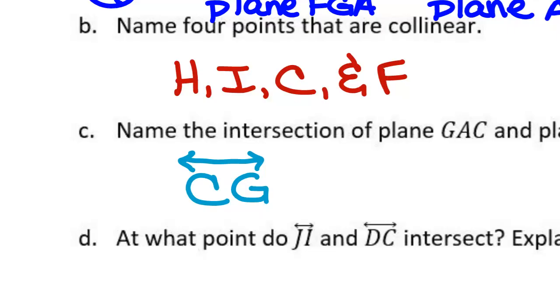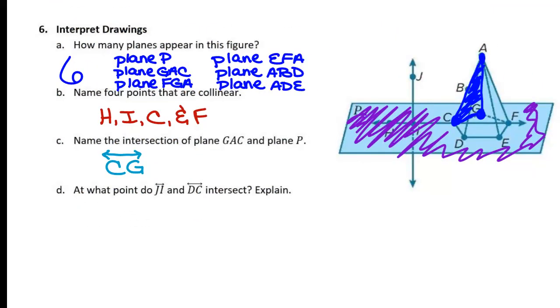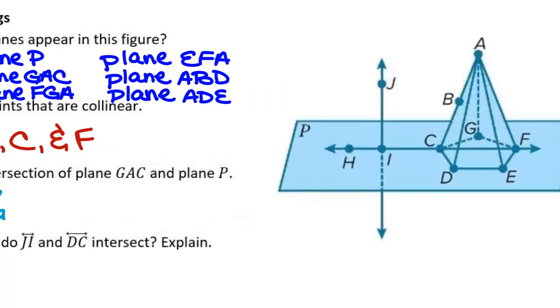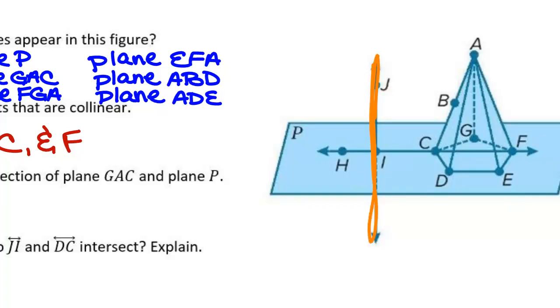Wonderful. And then D. At what point do line JI and DC intersect? So let's go find those. JI is this line right here. And DC is this right here. So this one might be a little bit easier for me to describe with my folder. My folder represents what? A point, line, or plane? A plane.